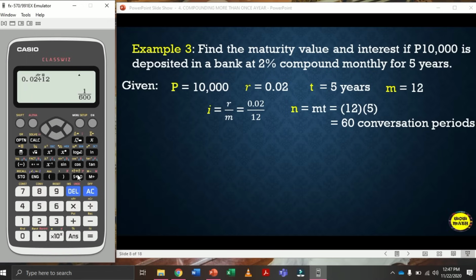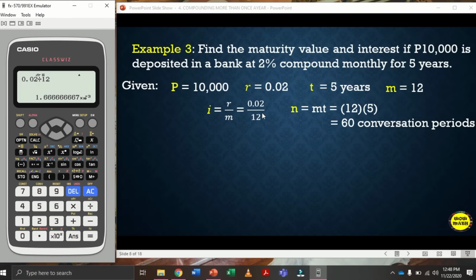Kapag ginawa kasi nating decimal yan, masyado siyang mahaba. So, as is na lang na yan ang ilagay nyo mismo sa calculator. Para iwas sa final answer nyo, hindi ganun kalayo dun sa makukuhang final answer. At saka exact yung makukuha natin. Kasi kapag ni-round up nyo pa to, malayo yung sagot nyo. So, ito na mismo ang sagot nyo.